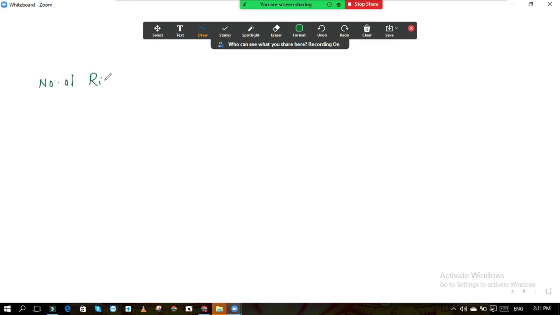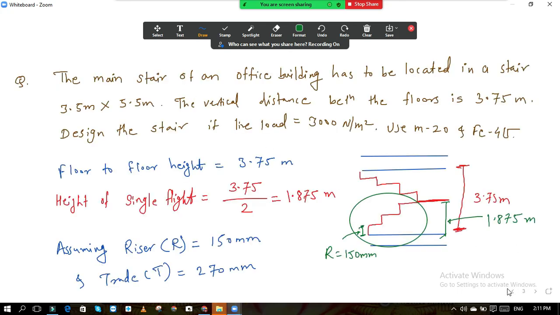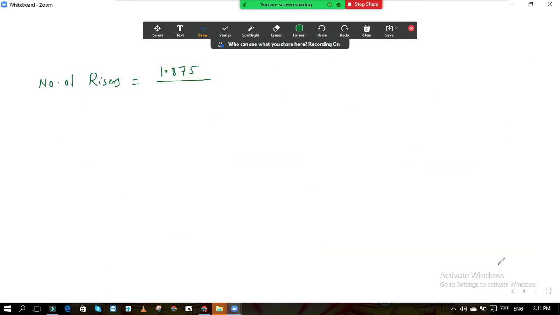Number of risers is floor to floor height divided by height of single riser, which is equal to 12.5, which you should equate to 12 numbers.